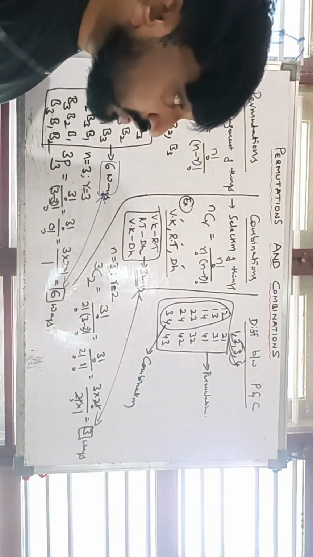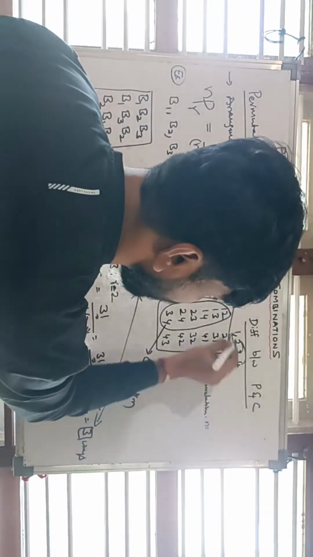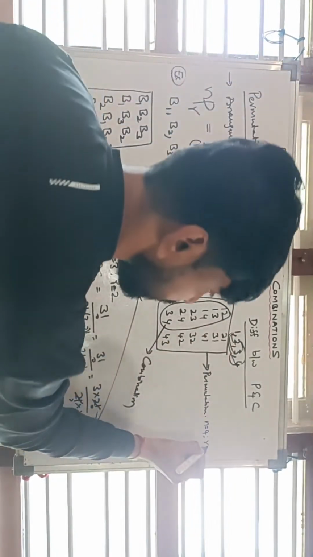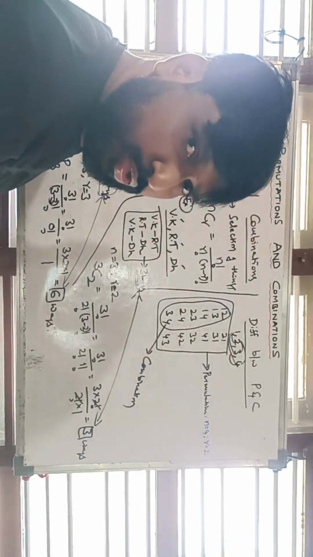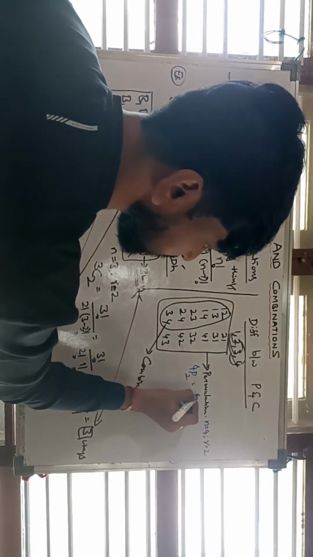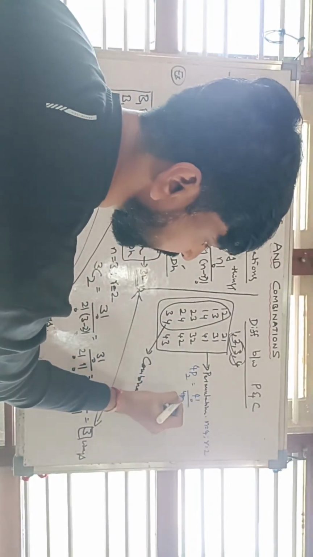Then for permutation, what is N? 4 digits. What is R? How many digits are you using? 2. Then permutation formula NPR. So 4P2 can be written as 4 factorial by, according to definition, 4 minus 2 factorial.